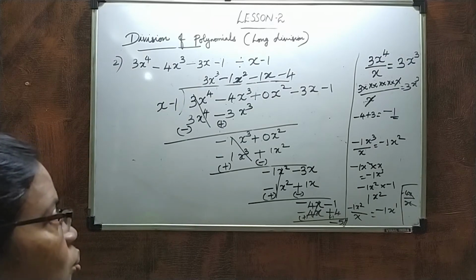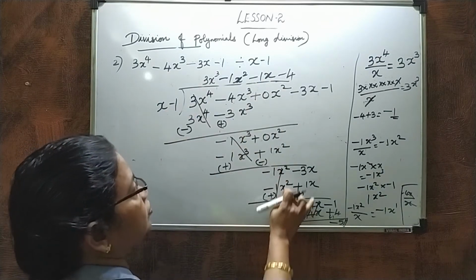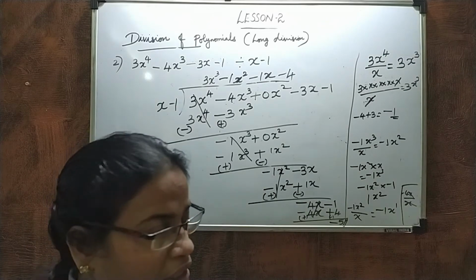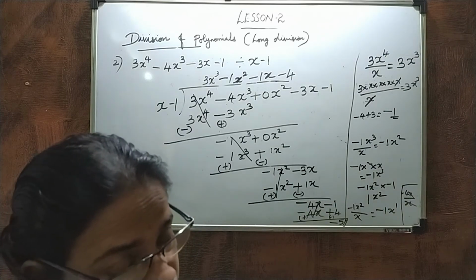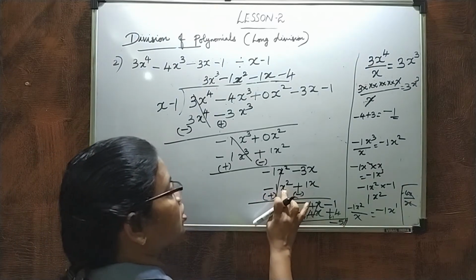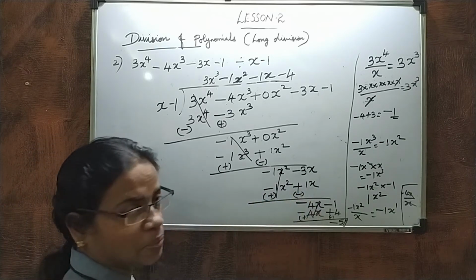Negative 1x into x, it is negative 1x square. Negative 1x into negative 1 plus 1x. Then multiplication completed means subtraction, take the additive inverse and add. Take the additive inverse: negative 1x square gets positive sign, plus gets minus.